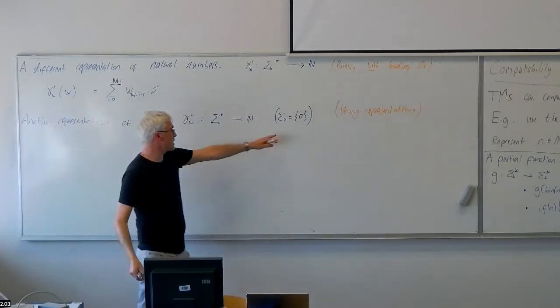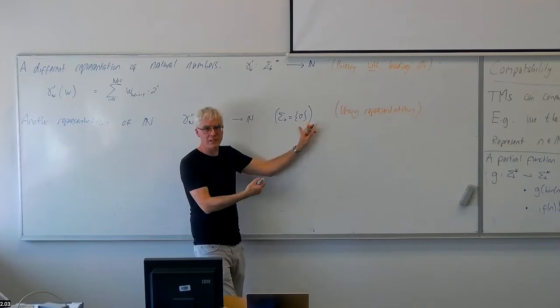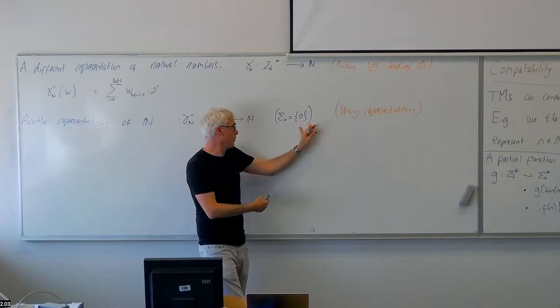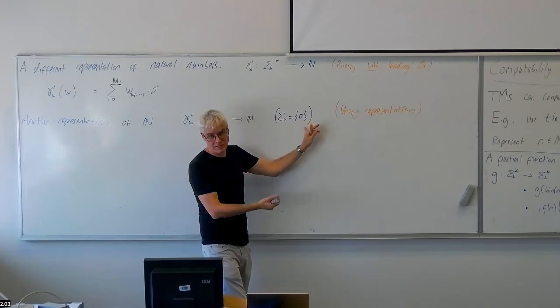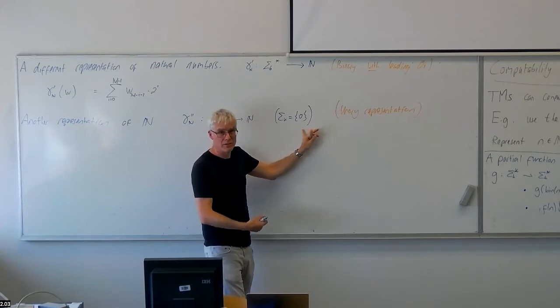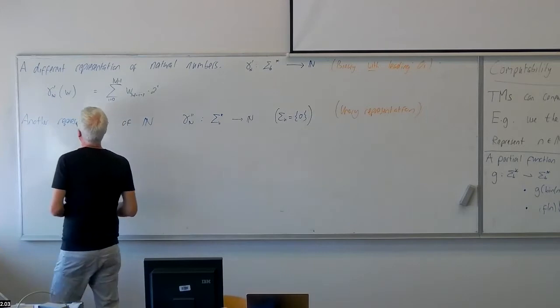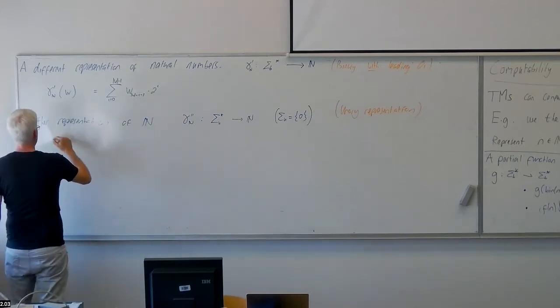So words over this alphabet are just a sequence of zeros of some length. Those are the only words we have. So we've got the empty string, the sequence of zeros of length 0, 0, 0, 0, 0, 0, and so on. So this representation is really easy to define.